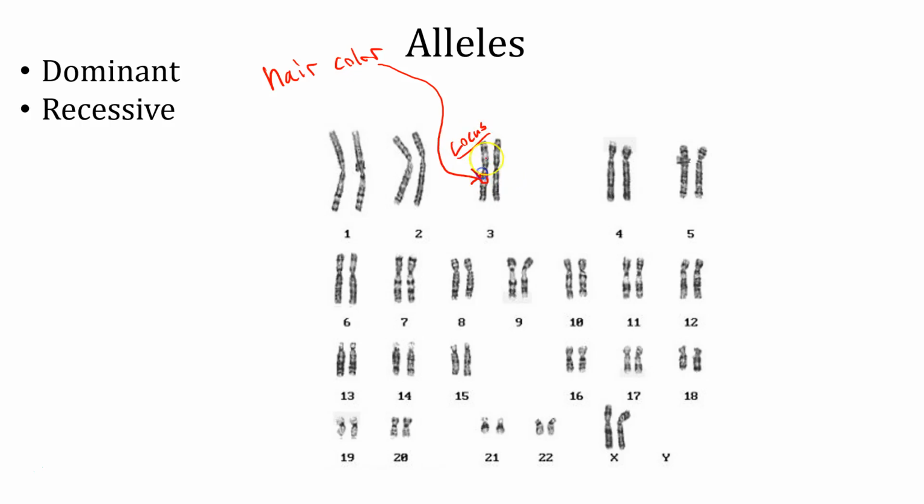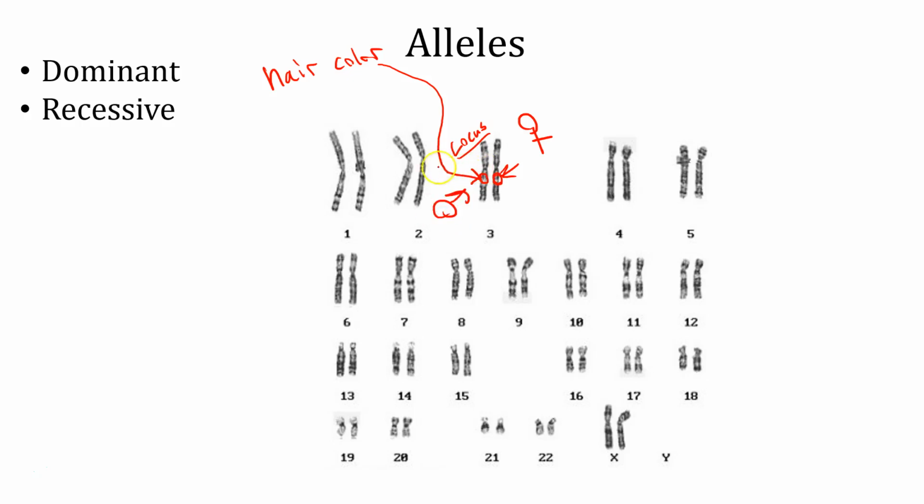Right here would be a gene that determines hair color. In that same spot on the homologous chromosome is also a gene that controls hair color. This one would be the one that came from mom, and this one would be the one that came from dad.